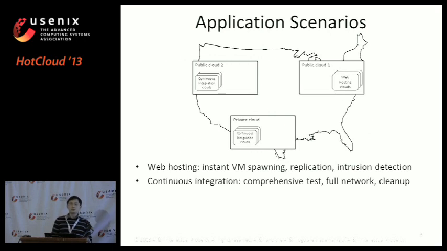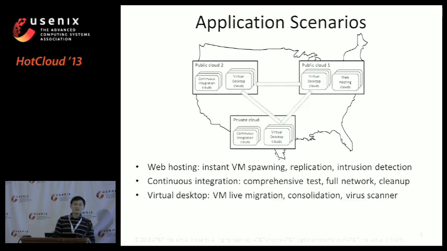You can conduct comprehensive tests of your cloud platforms with full functioning network features. One of the coolest things with this continuous integration Inception Cloud is that when you are done with testing and debugging, you can simply throw away your Inception Cloud by destroying the underlying VMs. You have a very easy cleanup.